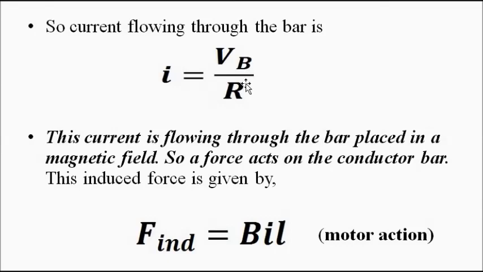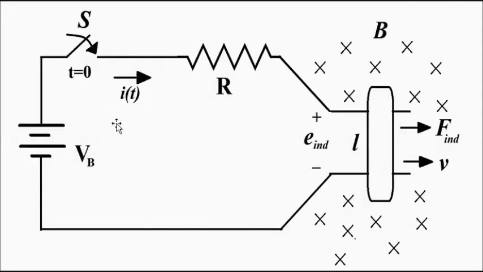Now this current is flowing through the bar, this conductor placed in the magnetic field. According to Fleming's rule, when a current carrying conductor is placed in a magnetic field, a force will act on it. That's the first statement of Fleming's rule.